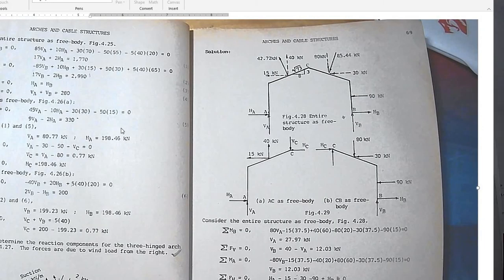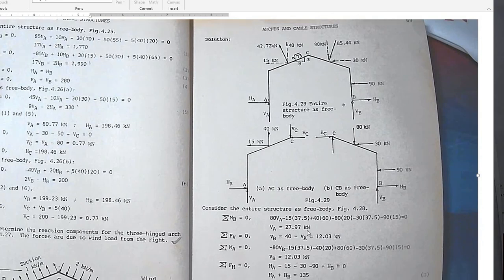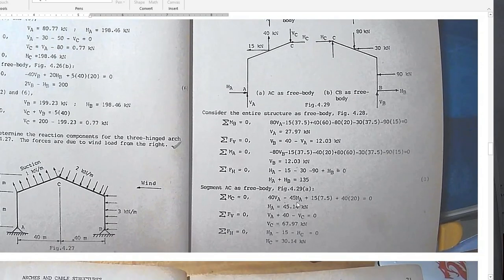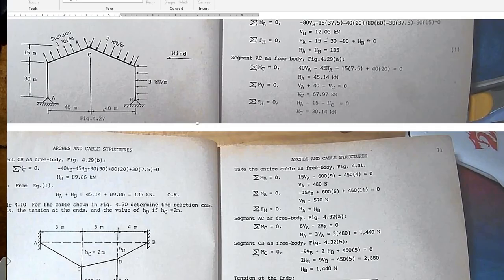So since na-simplify na natin yung mga loads into vertical and horizontal, we can now take the entire as free body and then solve for segments AC and then solve for segments CB. Okay? So, common procedures na yan. And these are your reactions. So, that's it for arches.